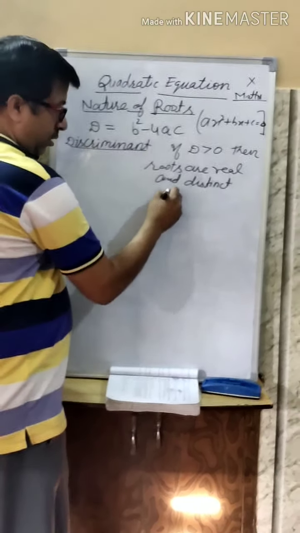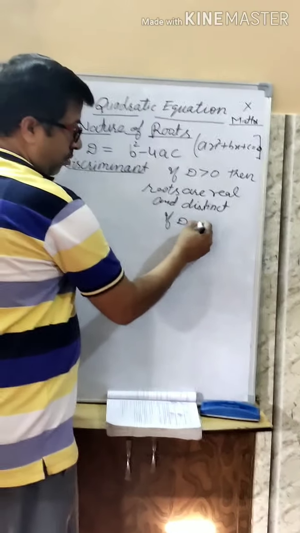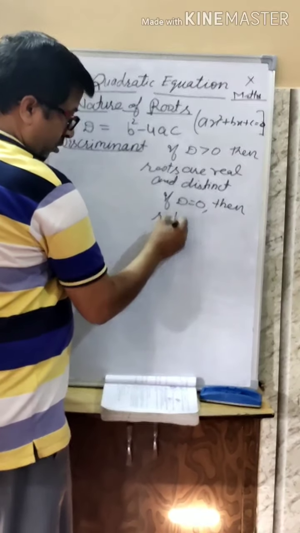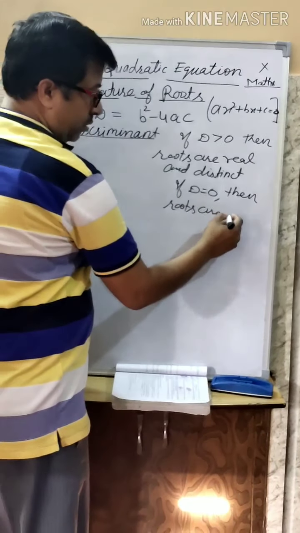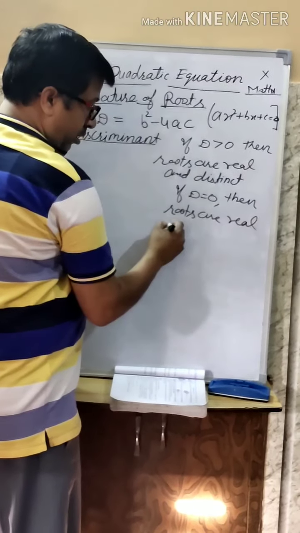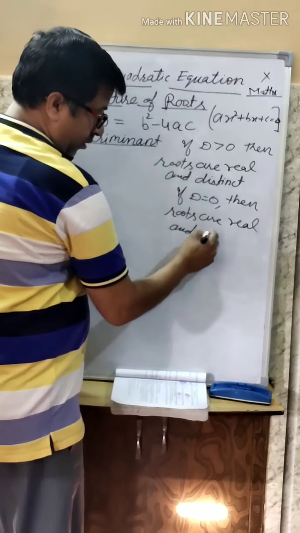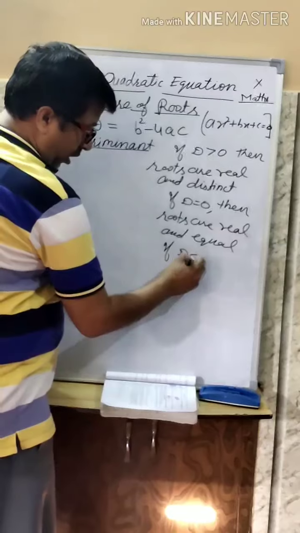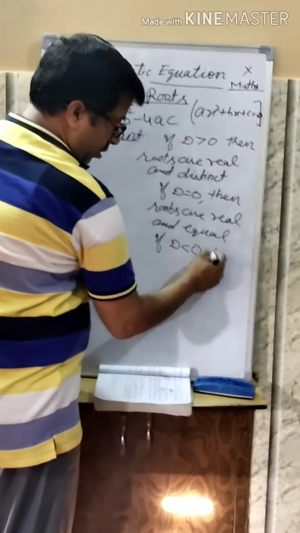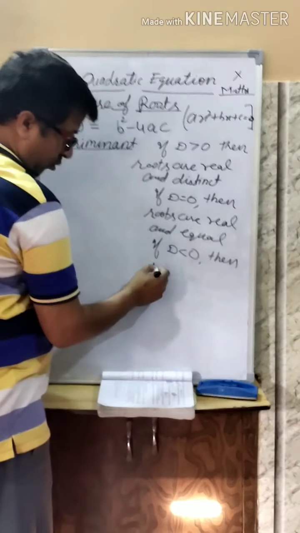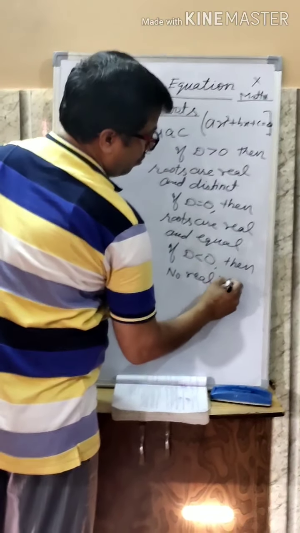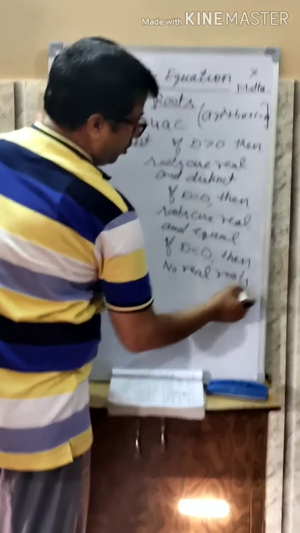Another, if D equal to 0, then the roots are real and equal. And if D is less than 0, then what do you say? No real roots are there. No real roots. Is it clear?